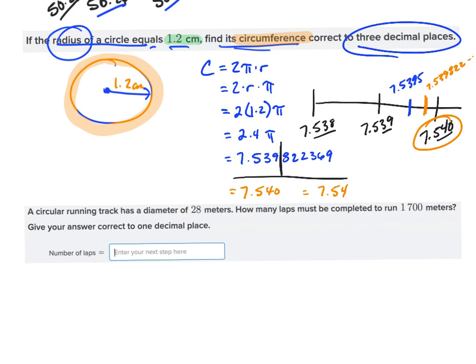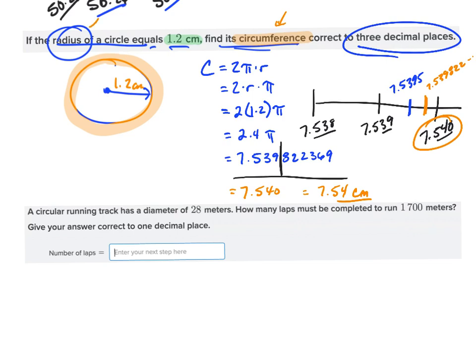And then that's going to be centimeters and not centimeters squared, just centimeters, because we're talking about a linear measure. It's only one dimensional, so it's centimeters to the first power. So again, what we needed to see was we're trying to find the circumference, which means we're going to do the measure around the circle.